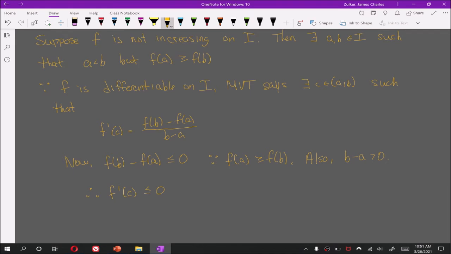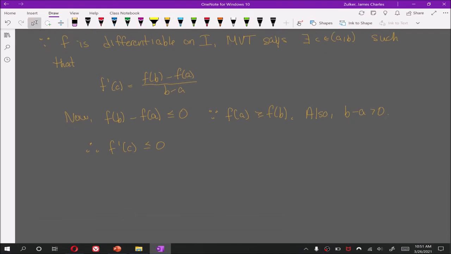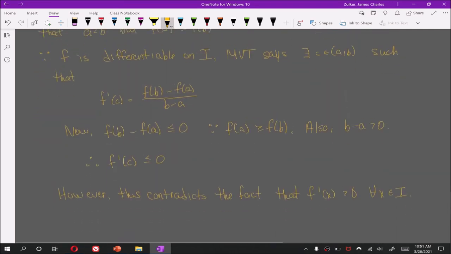However, this is a contradiction. Right, so this contradicts the fact that f prime of x is larger than 0 for all x in the interval I. So the original assumption must be incorrect, and our assumption was that f is not increasing.